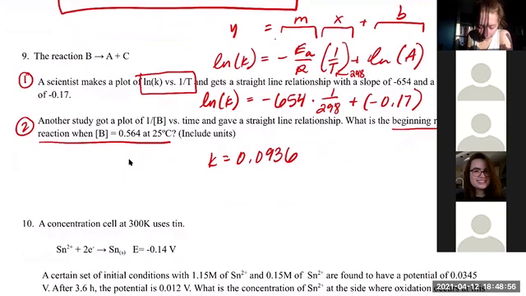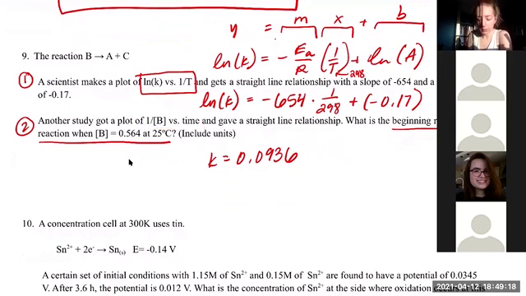Okay, so we have K now, and we have our integrated rate law. We know this is second order. Oh, we don't need to do that. No. It's saying this is our integrated rate law, but we don't need to use it.